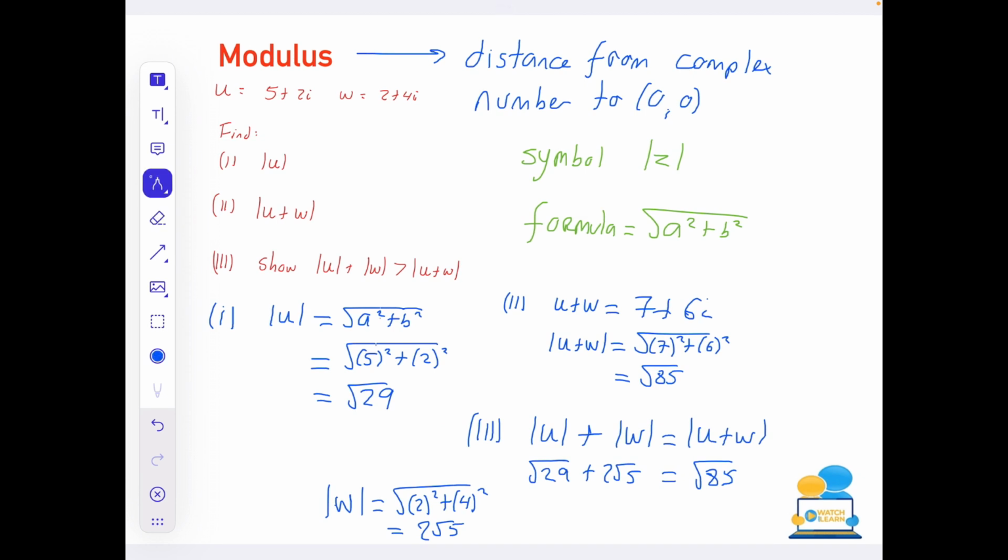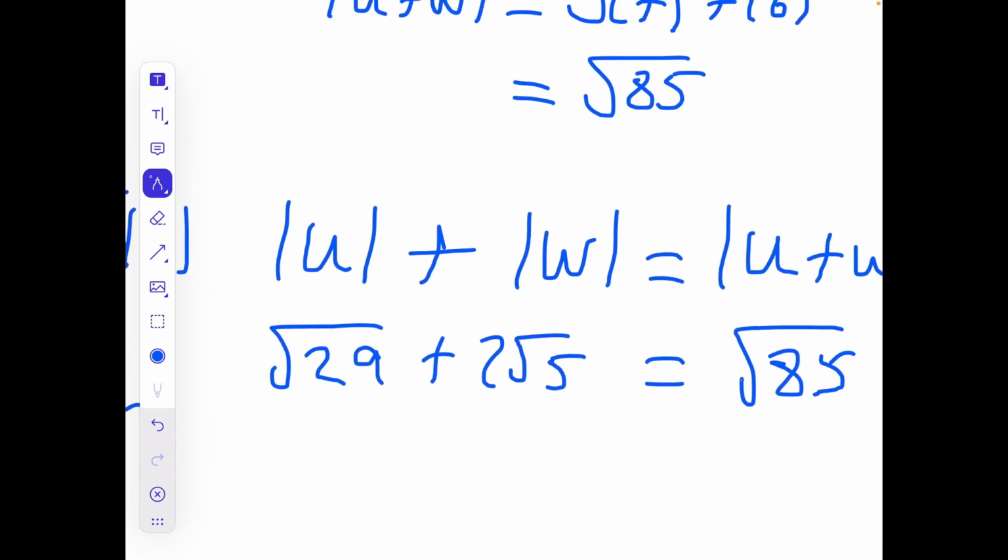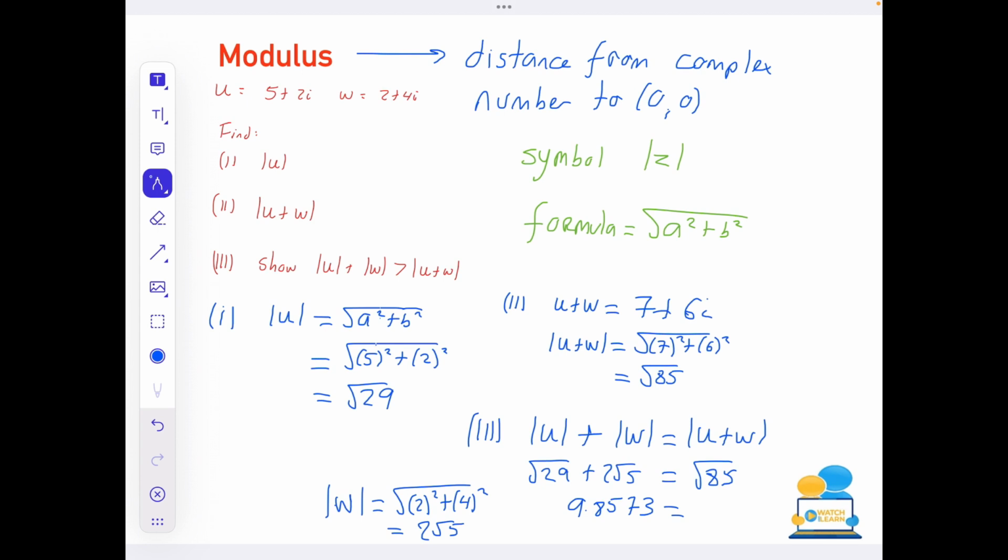Okay, so I can fill that in there. Now, is this true? I'm going to rely on my calculator. I'm going to put in the square root of 29 plus 2 root 5, and write my answer as a decimal, otherwise it just comes out in the same form. So it's 9.8573.